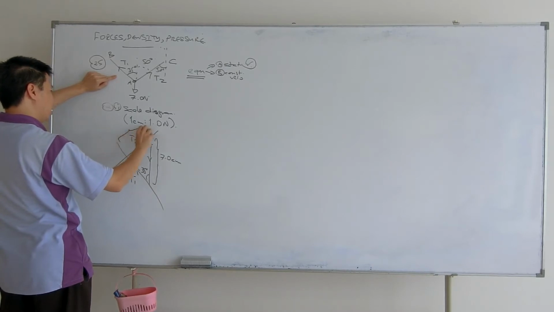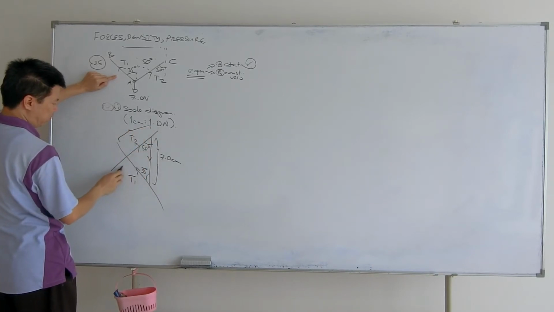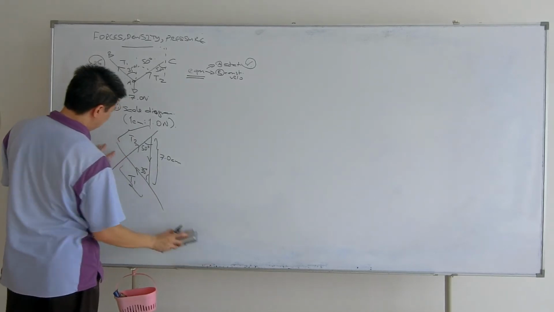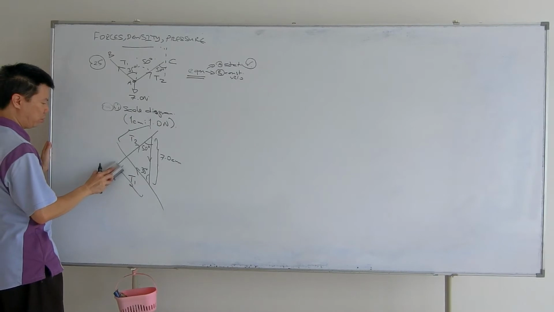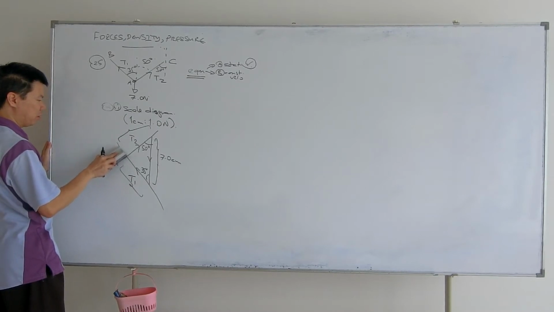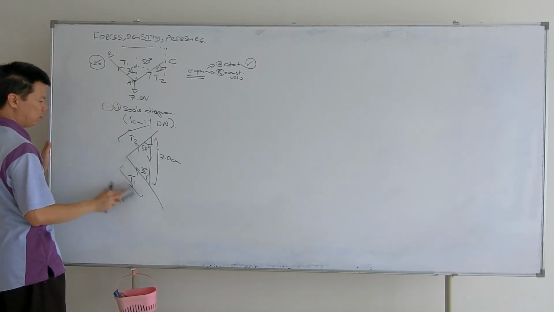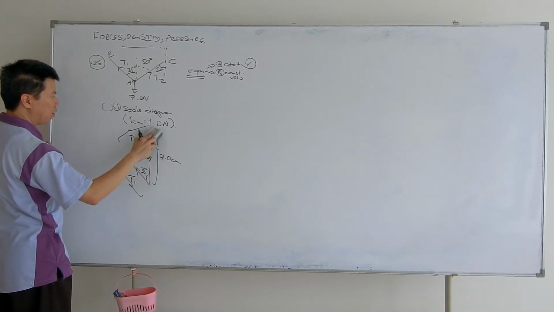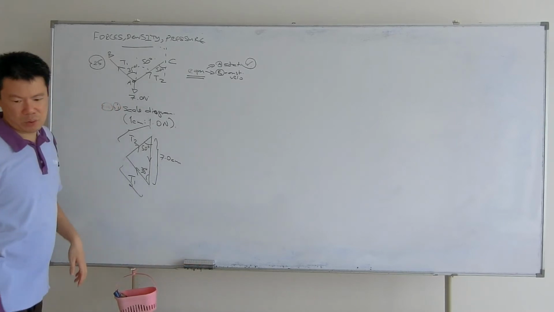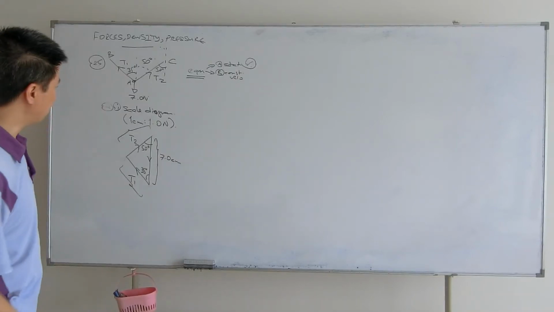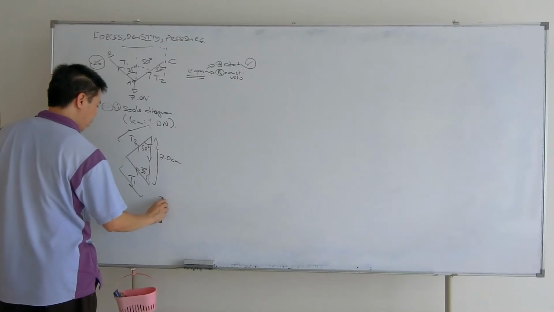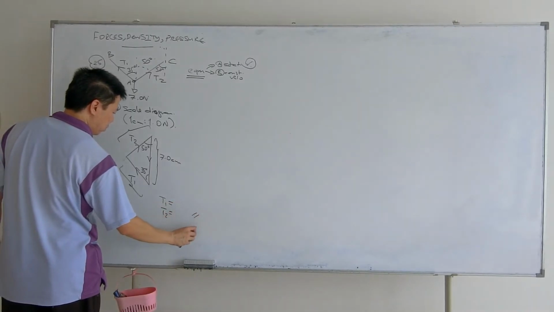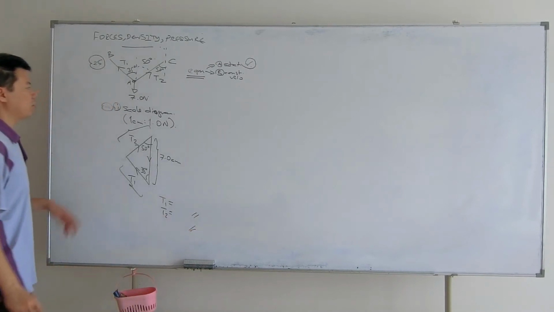All you do is measure the distance, and if you've got an eraser, you remove the unnecessary components, because you're using pencil to draw a triangle. Then all you need to do is state your T1 and T2. So this is the scale diagram method.